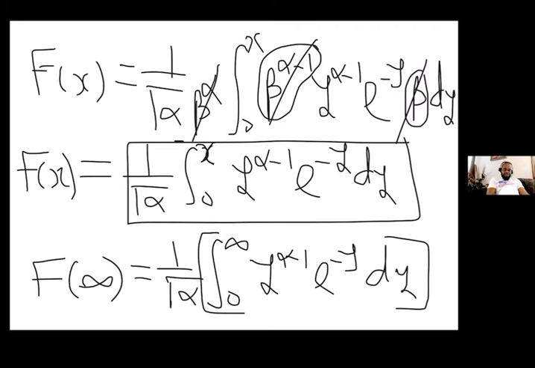So gamma alpha over gamma alpha gives you 1, which confirms that the CDF, when you consider it up to infinity, using the entire range from 0 to infinity, gives you 1, which is the total area under a curve. The total area under a curve is going to be 1.